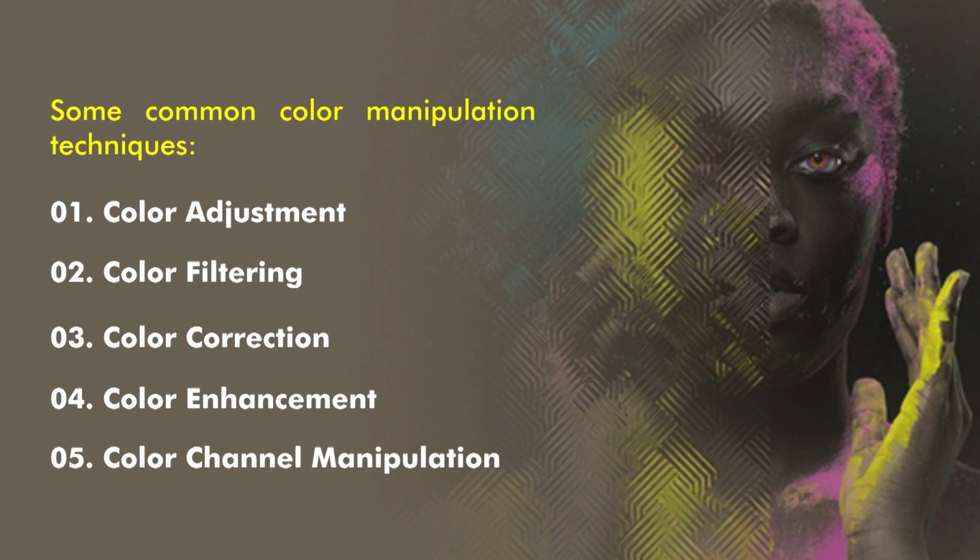Fifth, color channel manipulation. Working with individual color channels like RGB to achieve specific effects. In this, channel swapping and channel mixing are the techniques for channel manipulation. So, color manipulation is commonly performed using image editing software like Adobe Photoshop, GIMP or through programming using libraries such as OpenCV in Python.